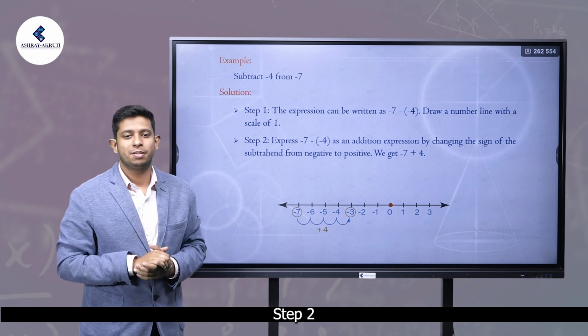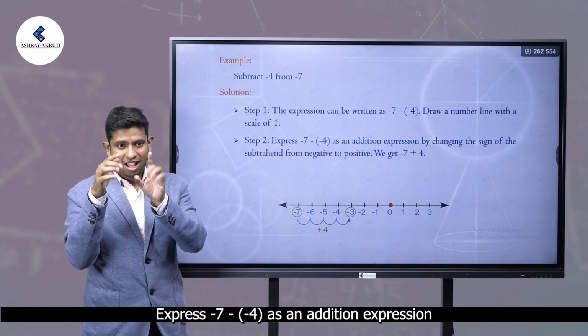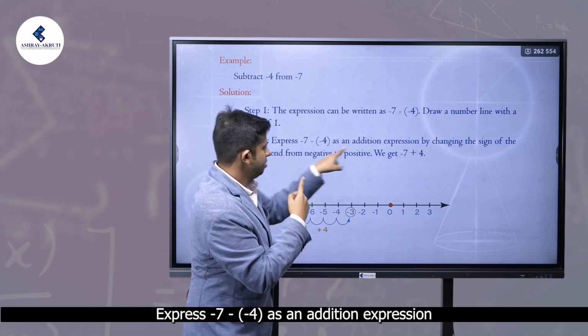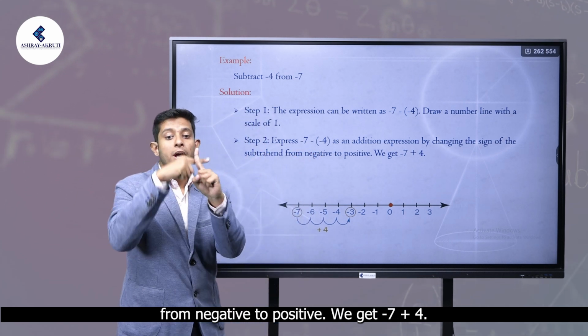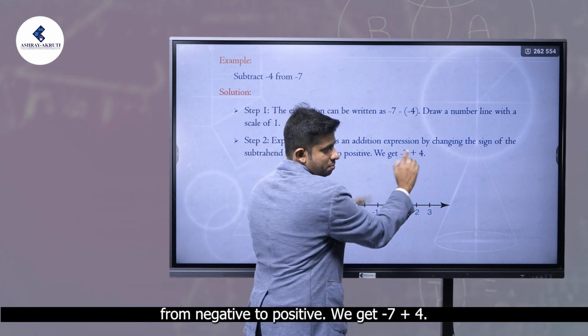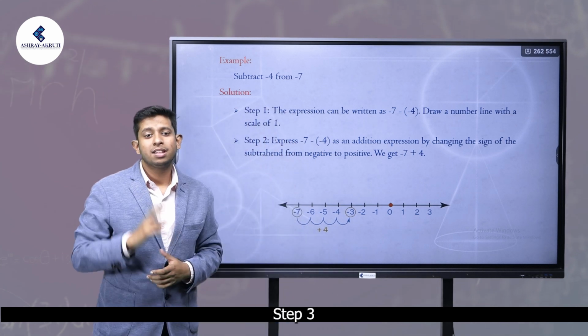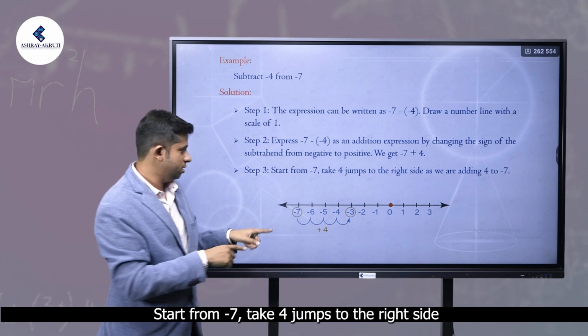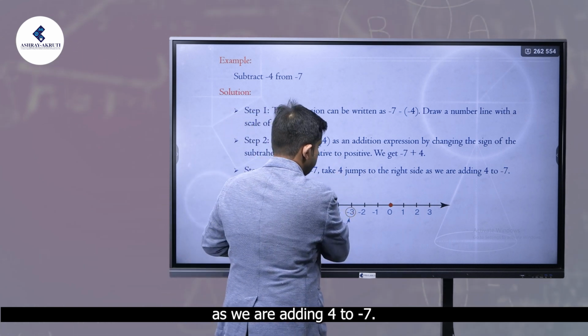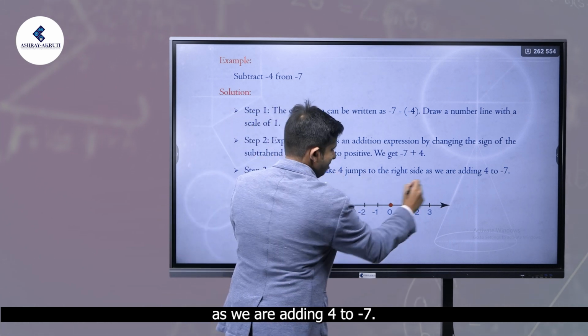Step 2. Express minus 7 minus of minus 4 as an addition expression by changing the sign of the subtrahend from negative to positive. We get minus 7 plus 4. Step 3. Start from minus 7, take 4 jumps to the right side as we are adding 4 to minus 7.